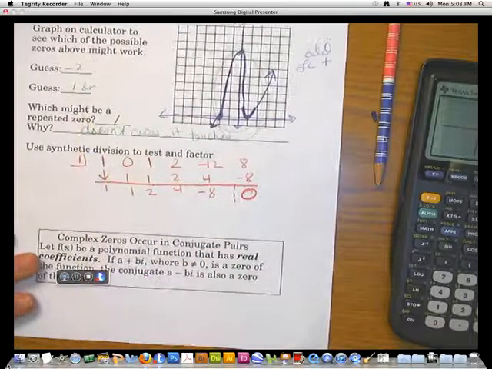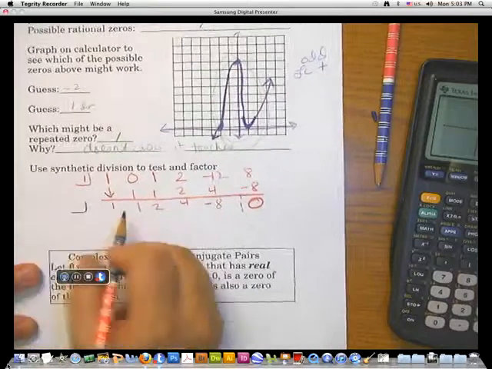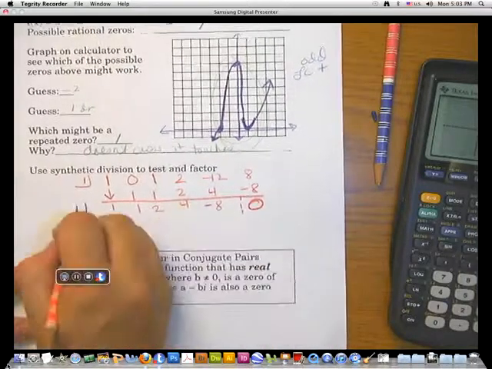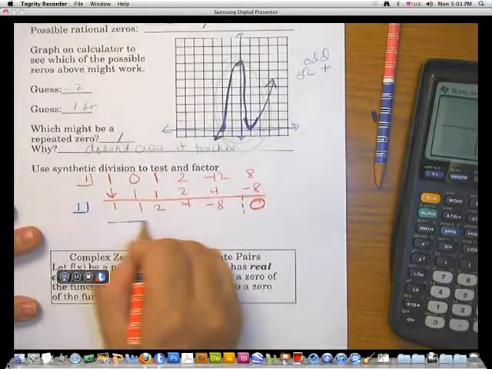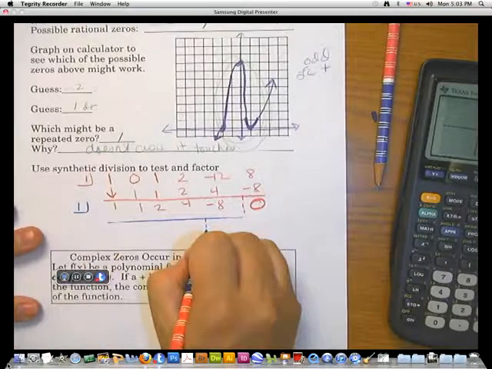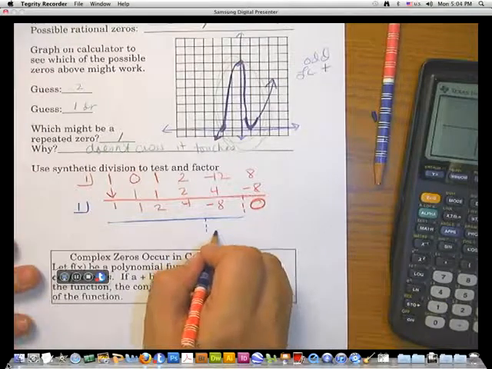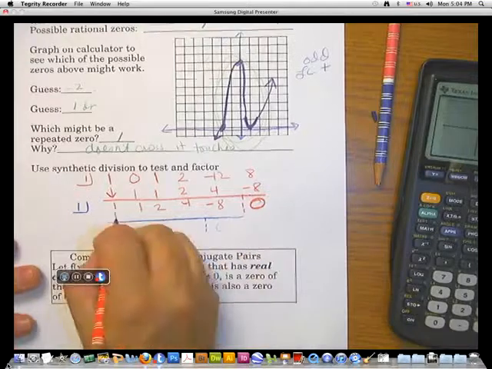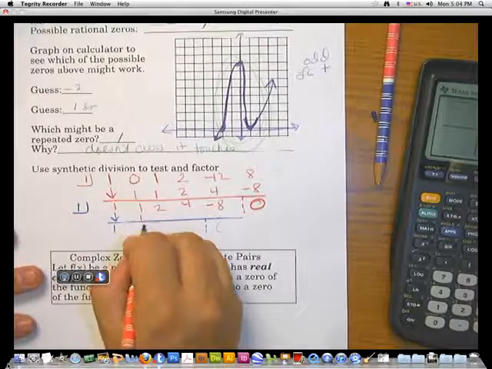Now, we believe 1 to be a double root, so we're going to do it again. We're going to do it with 1 again, because we believe it happened twice. Again, the last position should be a 0, hopefully. First position comes down and go through our synthetic process.